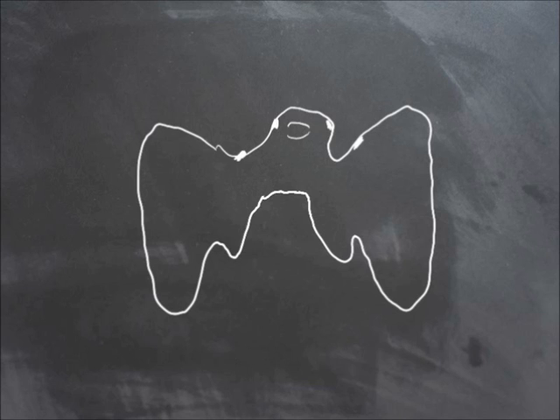And this is for the oculomotor nerve, the trochlear nerve, the ophthalmic division of the trigeminal, and the abducent nerve. This is all going to your orbit.